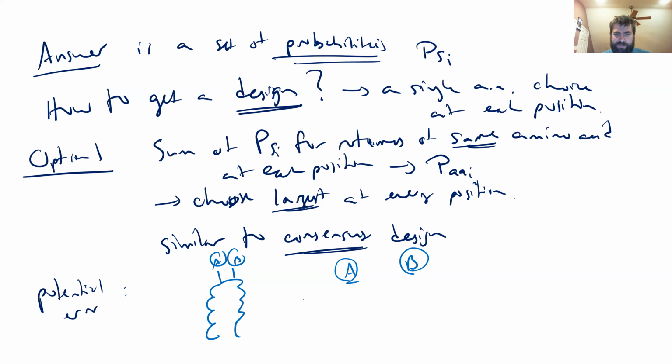And so we might see at position A aspartic acid 20% of the time, glutamic acid 19% of the time, lysine 19% of the time, and arginine 19% of the time, and then other stuff the rest of the time. Realistically, these are all equal choices.